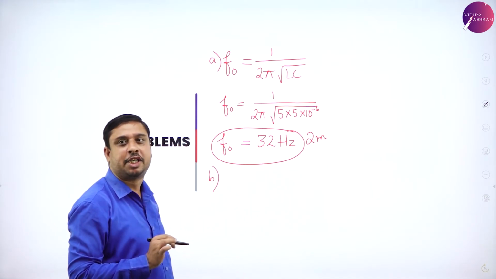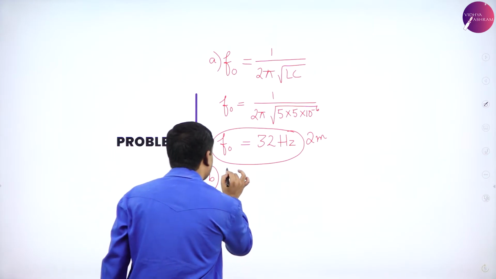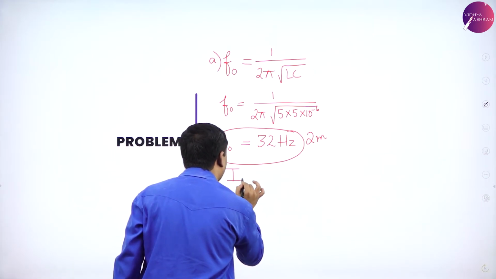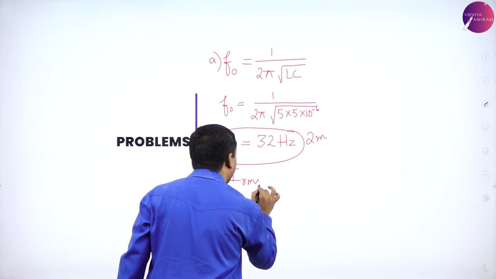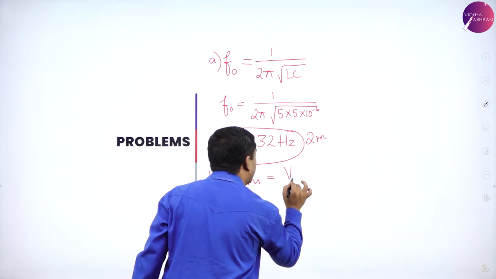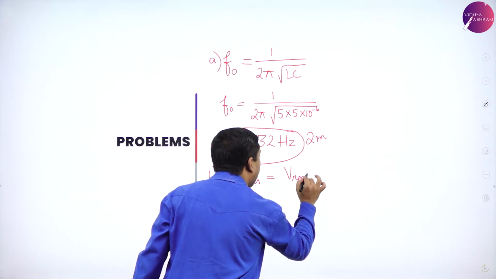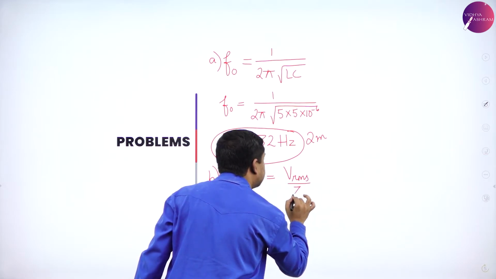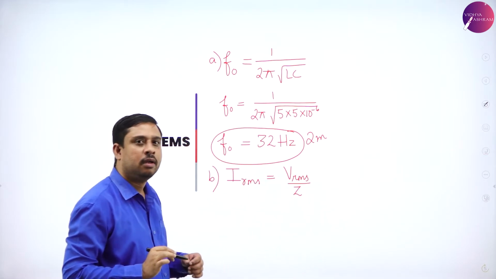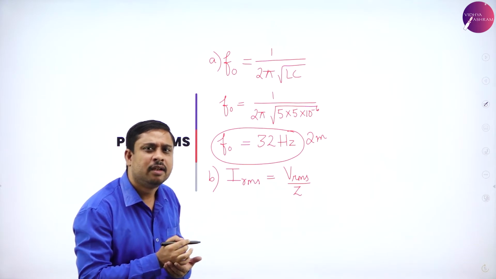Current in the circuit. So I is equal to, or IRMS is equal to VRMS by Z. Again, what is Z?